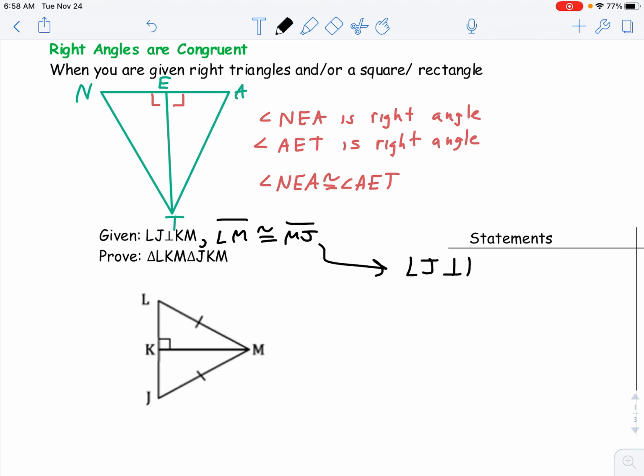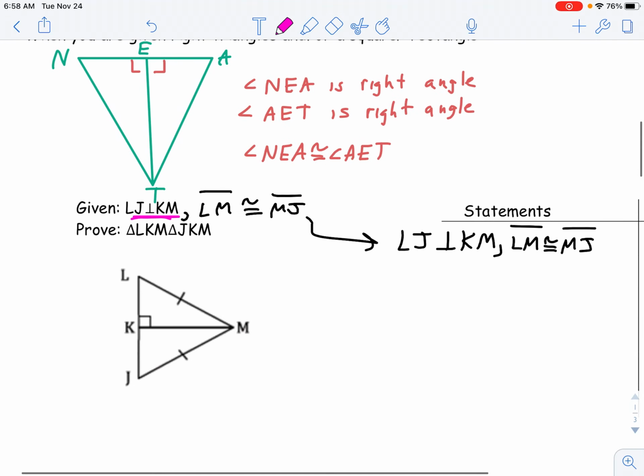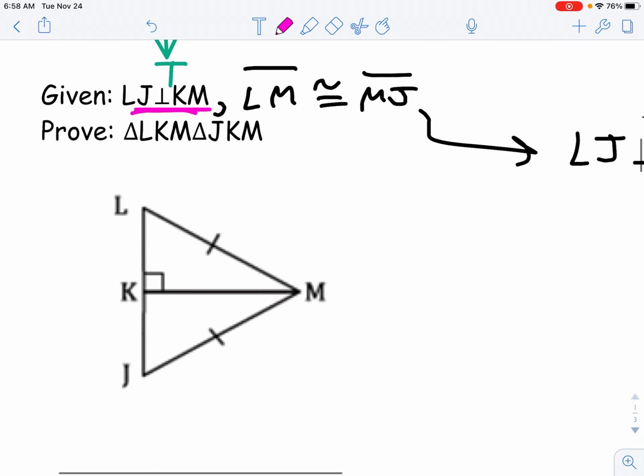Just write this right here. Given. All right. And then this right here. So perpendicular. LJ is perpendicular to KM. So it's already kind of marked right here. These are perpendicular. So that's a right angle and that's a right angle.